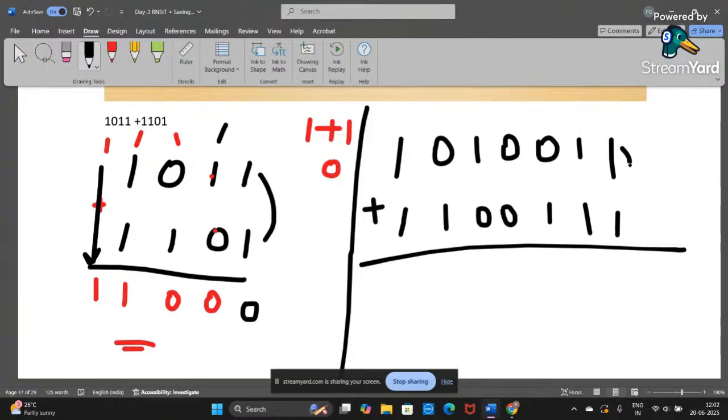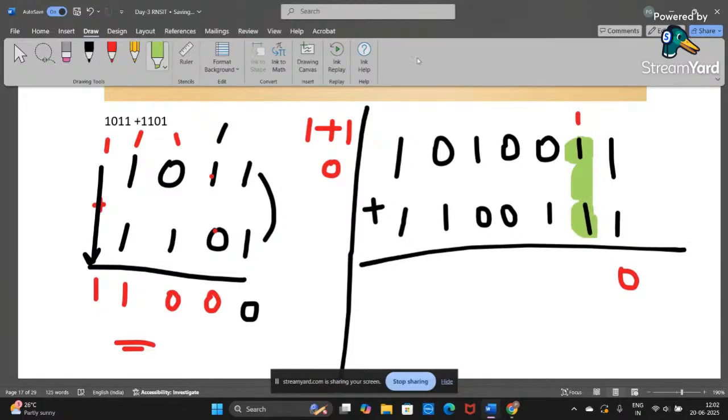What is 1 plus 1? I'll use a different color. 1 plus 1 it is 10, but we're writing 0 and 1 to the next one. Got it? Next, 1 plus 1, first let us add only this. 1 plus 1, it is 10.